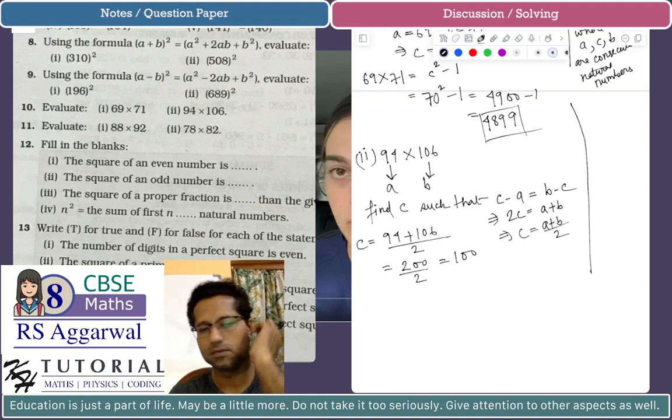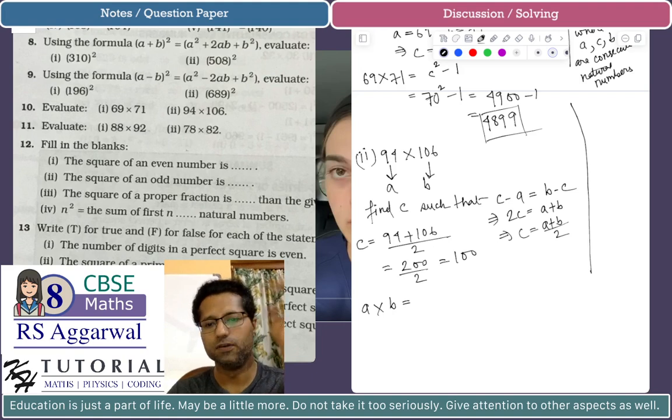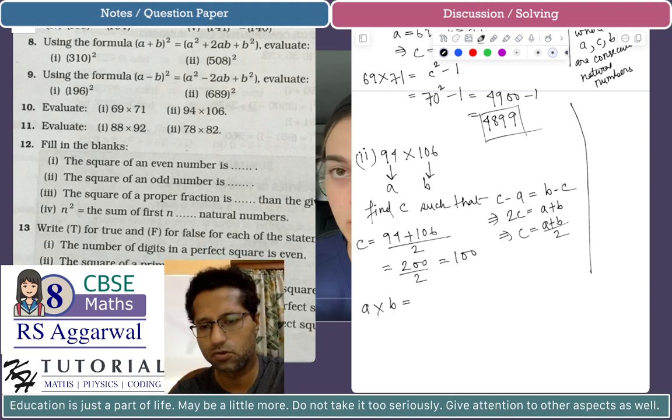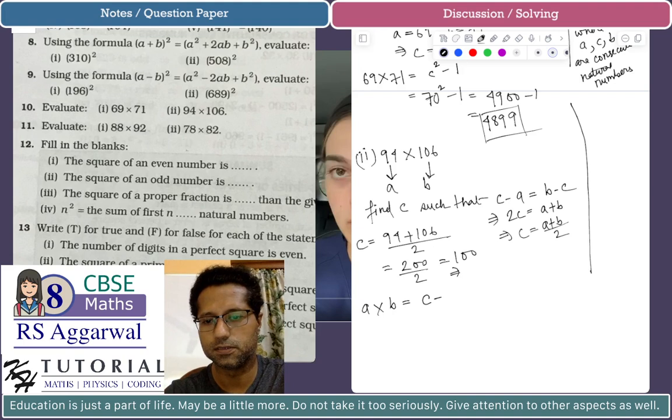So if we consider C as 100, then I can say A into B will be equal to... from C, we have to express A in terms of C and also B in terms of C. How can I write A in terms of C?